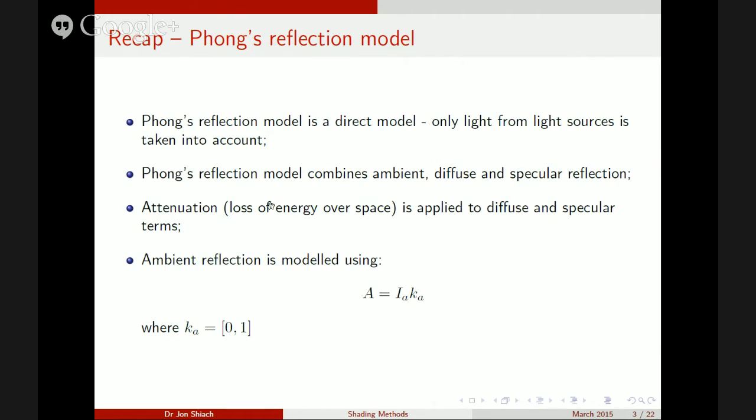All of these models of reflection tend to use what we call a K coefficient. So Ka is the ambient coefficient, A for ambient. These are in the range 0 to 1. You set these to how you want your objects to look. Ia is the intensity of the ambient light. Ka is a number between 0 and 1, which raises or lowers the intensity.